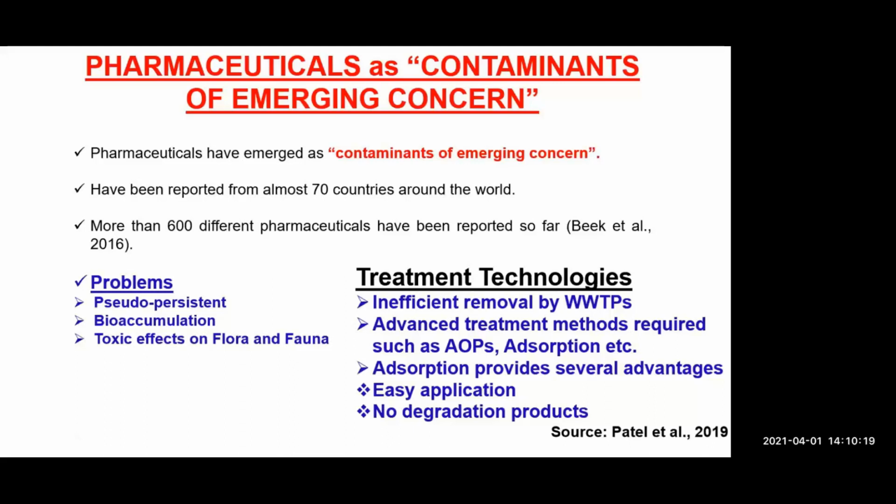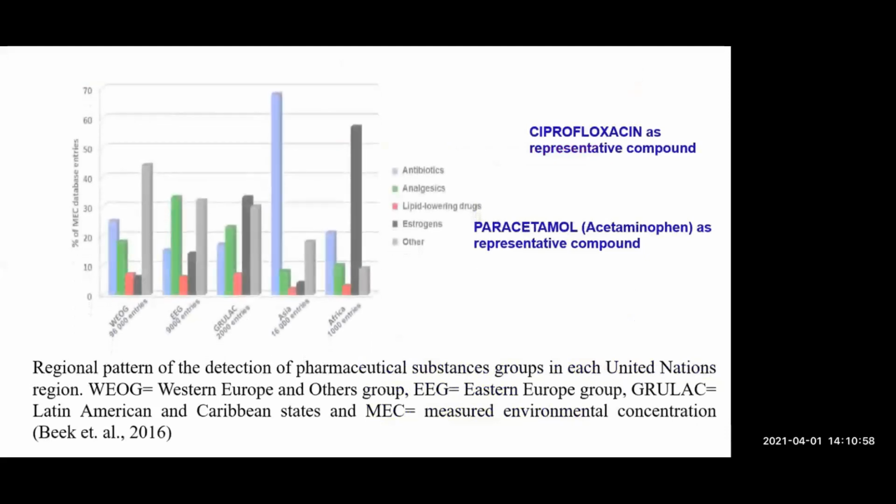Although AOPs, catalysis, and reverse osmosis are widely used in developed countries, when it comes to developing nations, adsorption can be a pretty good option, because if you are using low-cost adsorbents developed from locally available materials, adsorption can provide a good method for the removal of these emerging contaminants, with less technical or skilled personnel requirements.